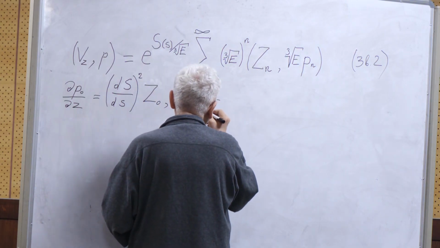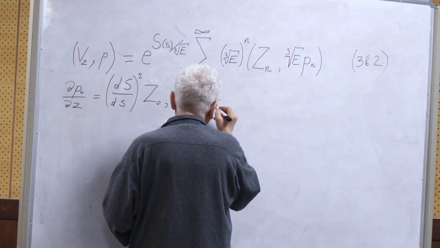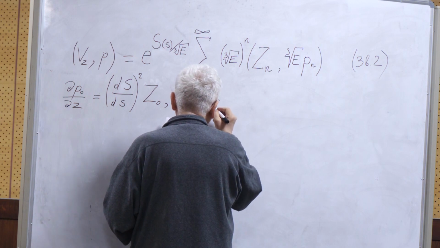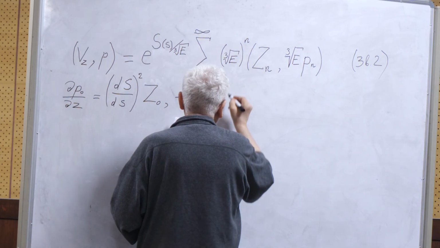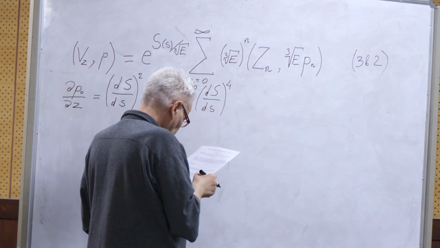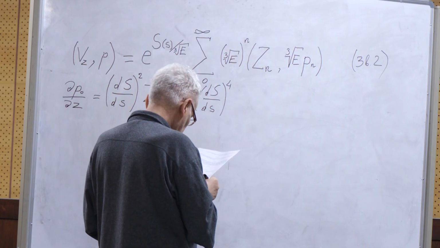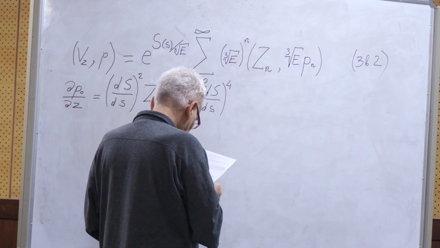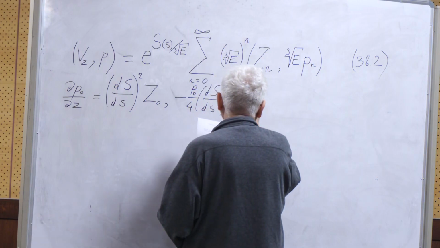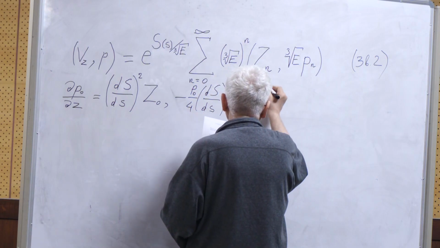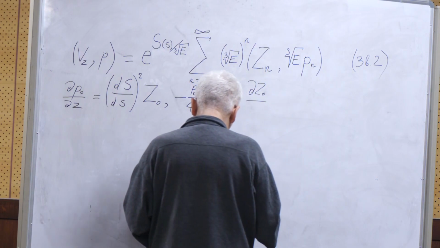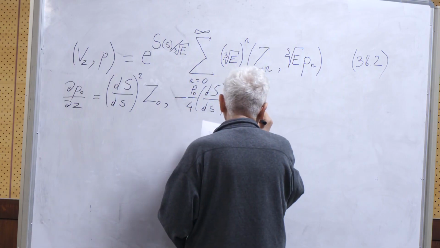And here there is a fourth power. And this is simply equal to dz naught over dz.